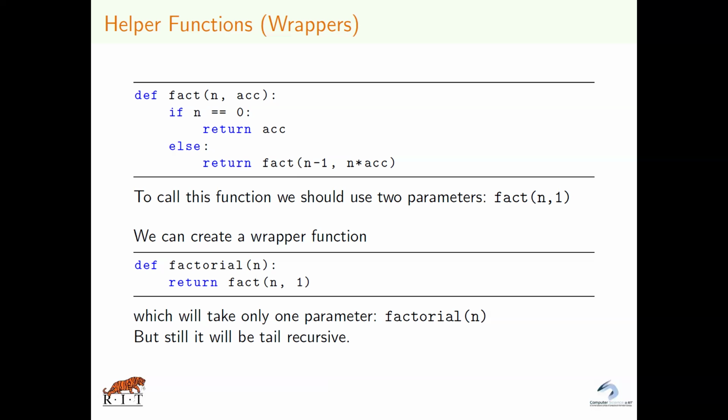The answer is we create a helper function or wrapper function. In this example, we create a function factorial of one variable, n, but it calls the function of two variables and manually assigns the value one for the accumulator. Does it make sense? That works.